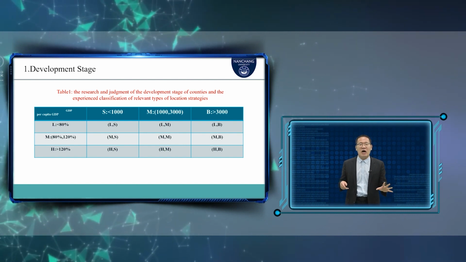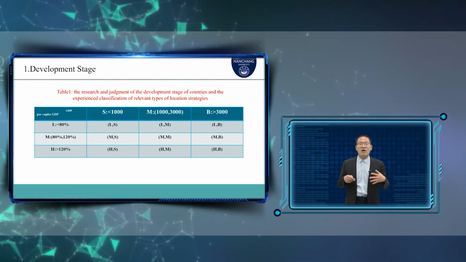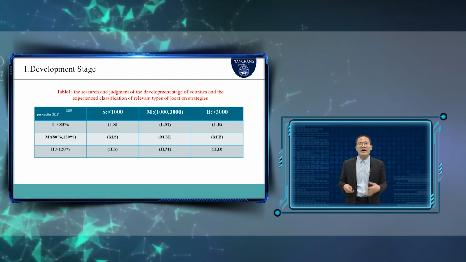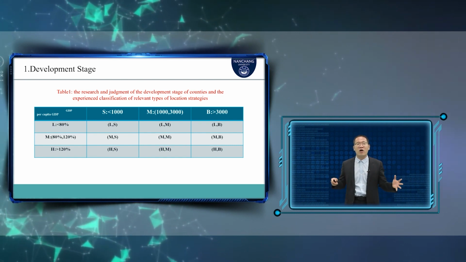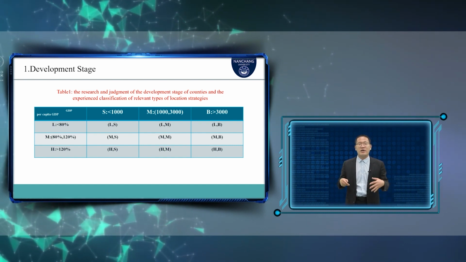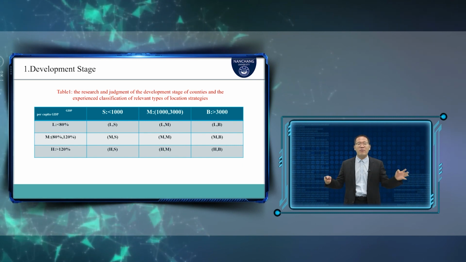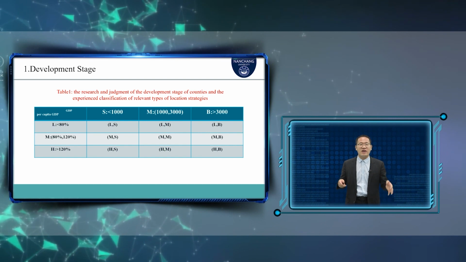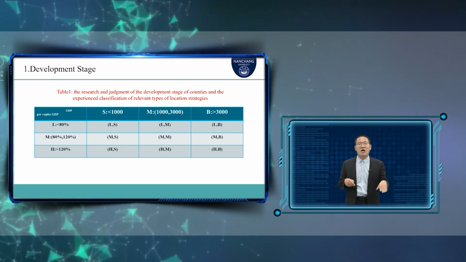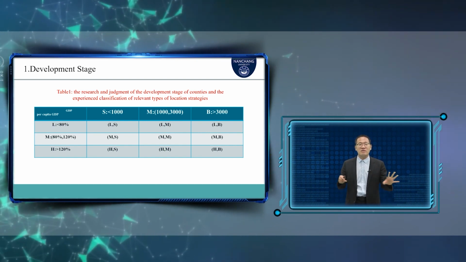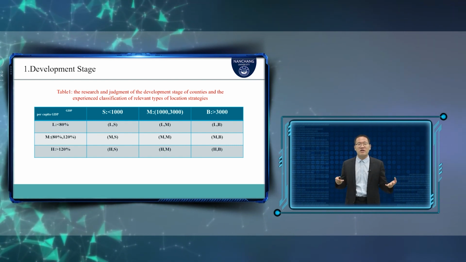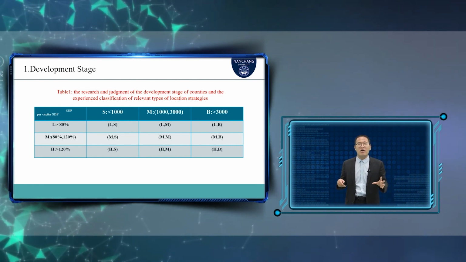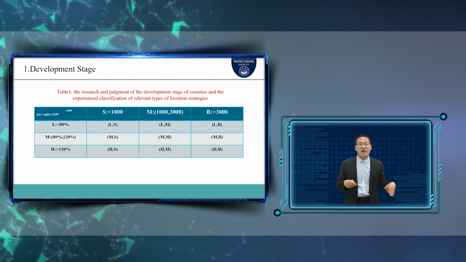And then, a county that has a proportion of GDP per capita greater than 120% is considered to be in a high-level development stage, denoted as H. The county is relatively at the leading position. At the same time, the GDP of counties can be similarly classified.